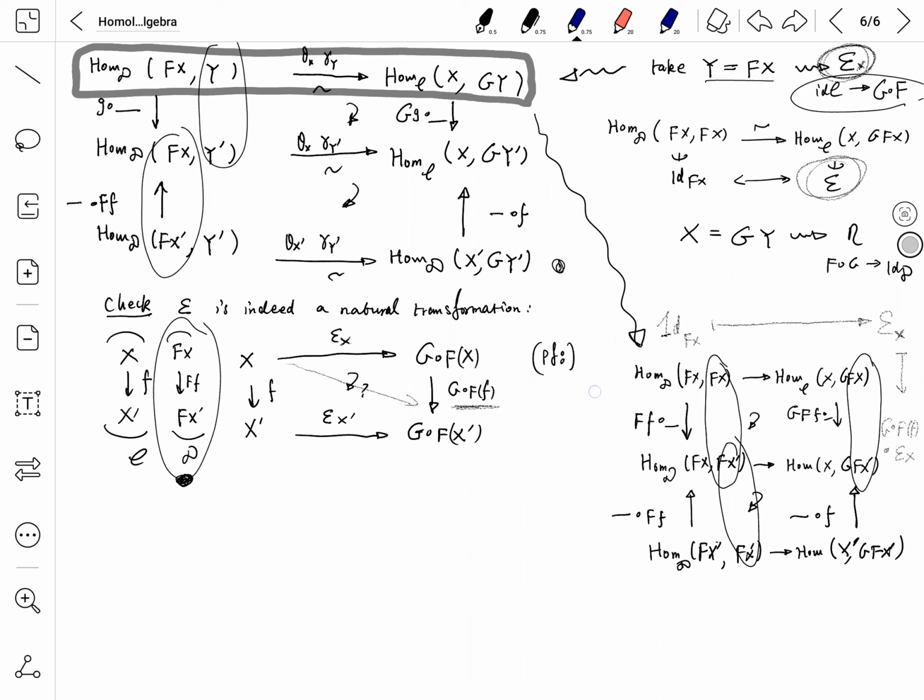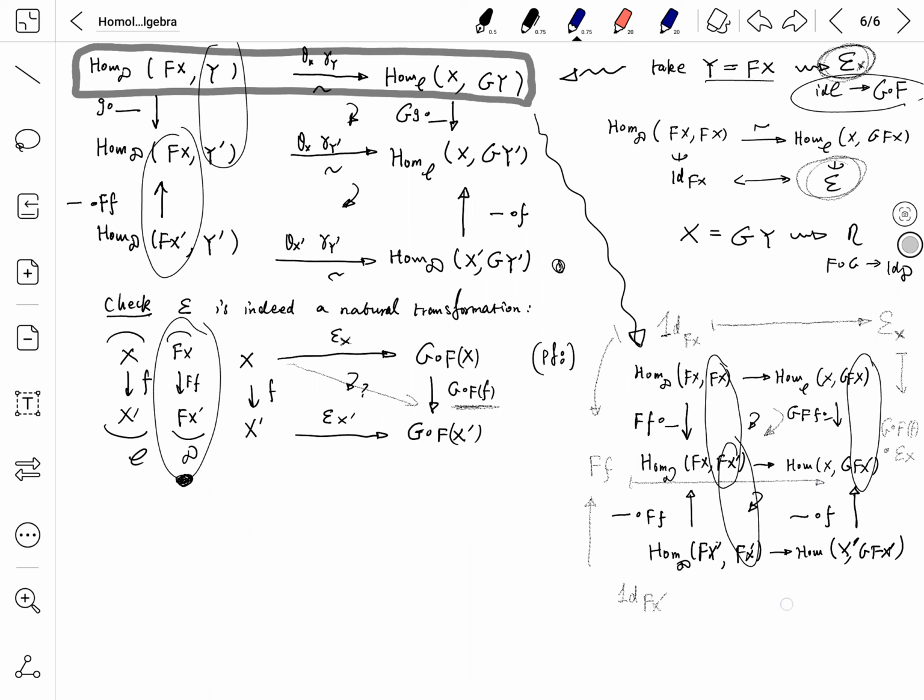And then here, this is just f. And this also corresponds to the identity of fx prime. This is the commutative diagram, so this is mapped to that, okay?